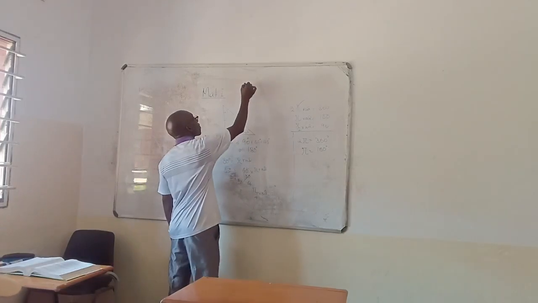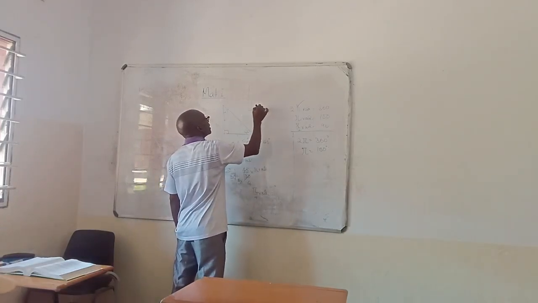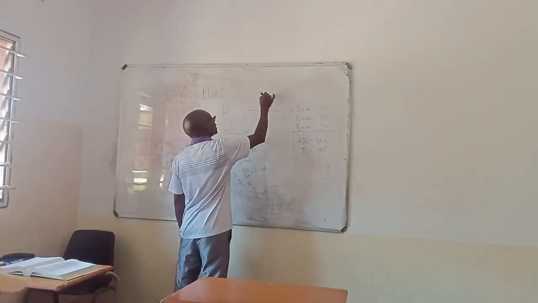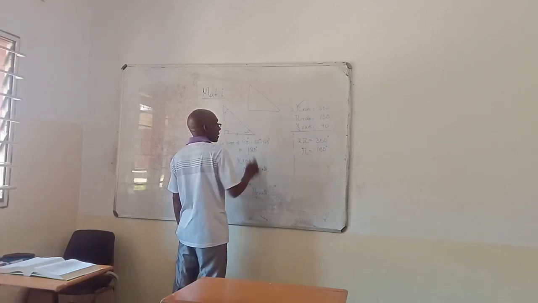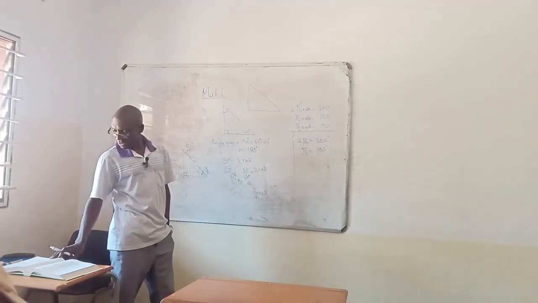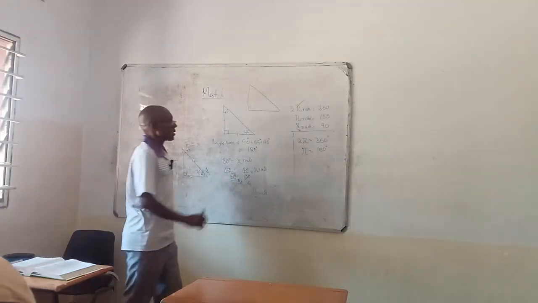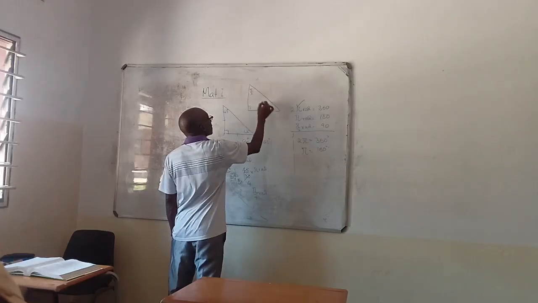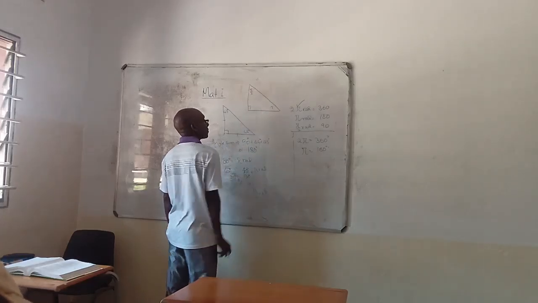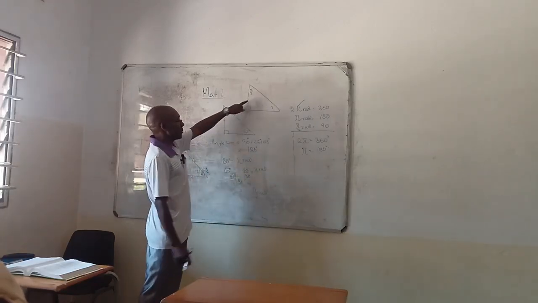Assume that this is the angle and the other side is pi over 3. What is pi over 3?